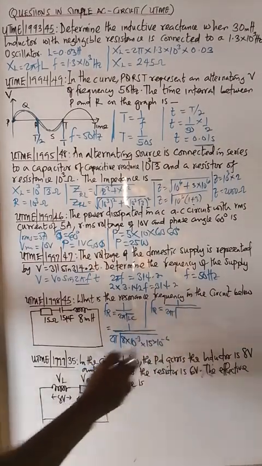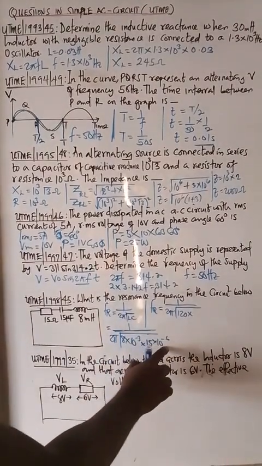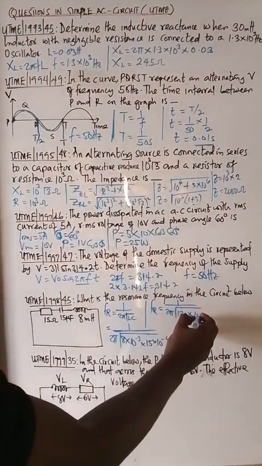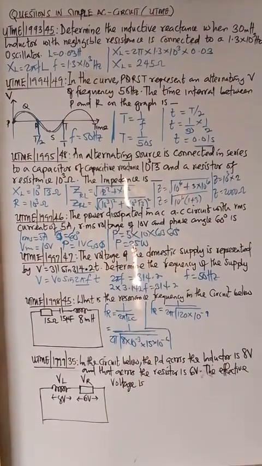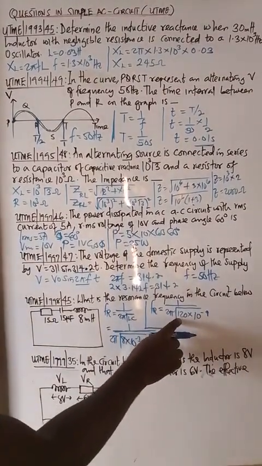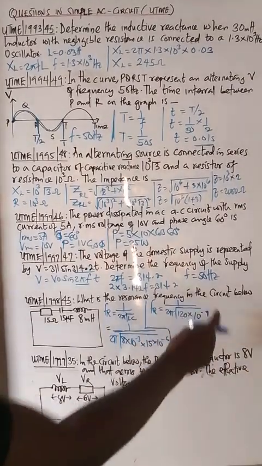From here, the resonance frequency becomes 1 over 2π root. If you do 8 times 15, you will get 120. Then you add the powers, times 10 to the power of minus 9. I can write it as 12 times 10, then 10 to the power of 1 minus 9, which is minus 8.